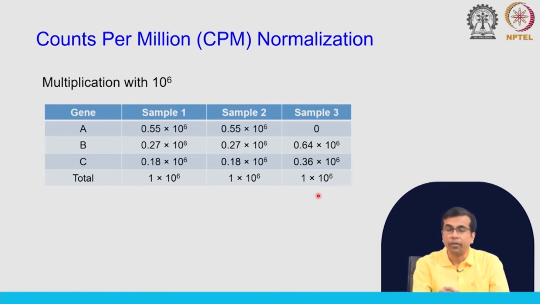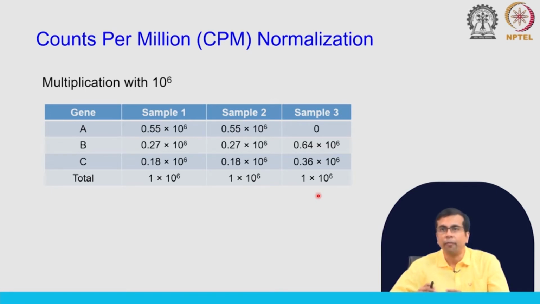Now, one of the questions you might have is why are we multiplying with 10 to the power 6? We could have just left it without this multiplication, and the sum would be just 1. It is just a convention, because when you deal with real data sets, we have millions of reads coming for each sample. The total reads for a real data set will be in the order of millions, or nowadays even more, in billions.